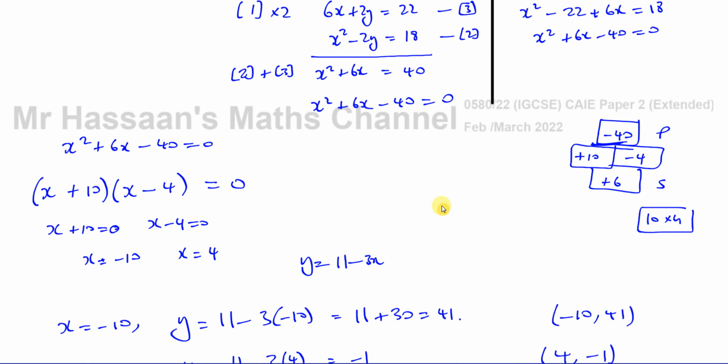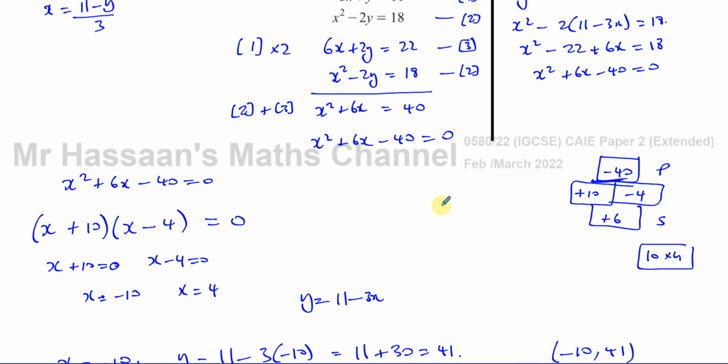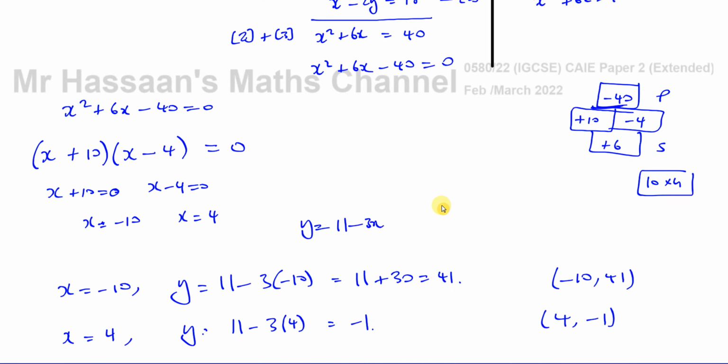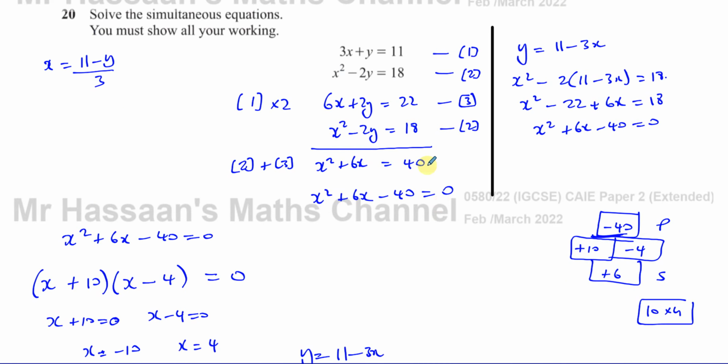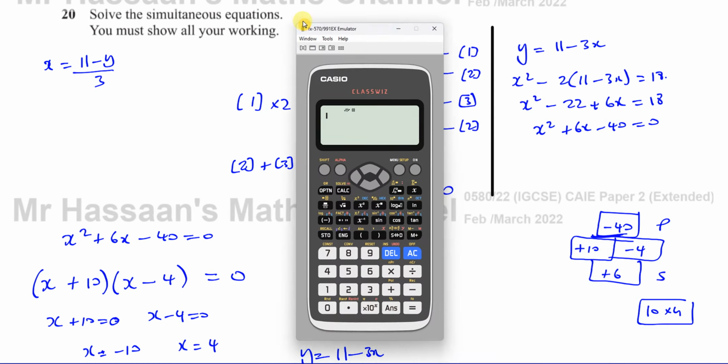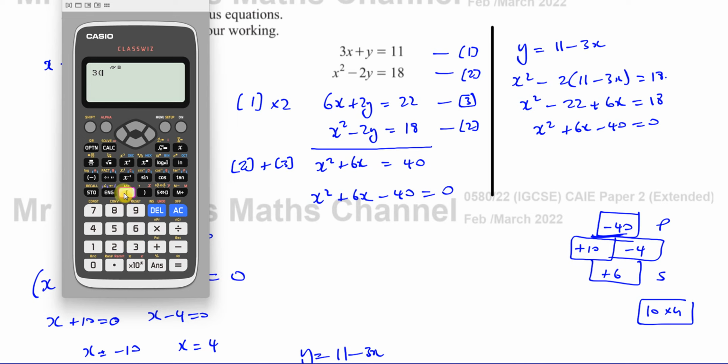Now, we can always check our answers are correct. So we got minus 10 and 41. If we stick those in our calculator, 3 times minus 10 plus 41 gives you 11.